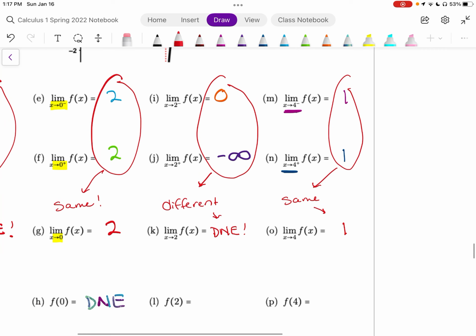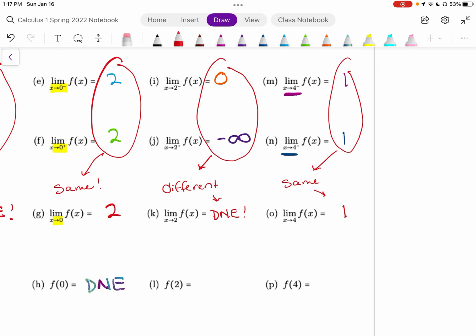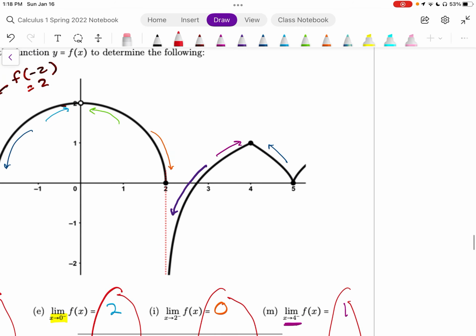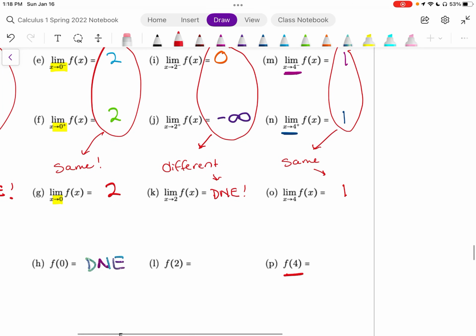All right, so now if I plugged 4 in, I forgot to do f of 2, shoot. Okay, I'll go back and do that in a second. Let's look at f of 4. Let's go find the value, pretending you never even learned limits. I'm just asking you what f of 4 is. It's 1, because there's a point there. So those are the same this time, and that's fine.